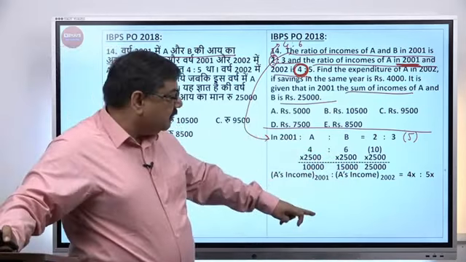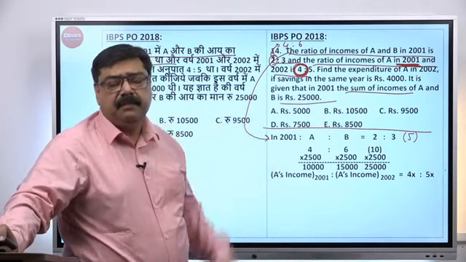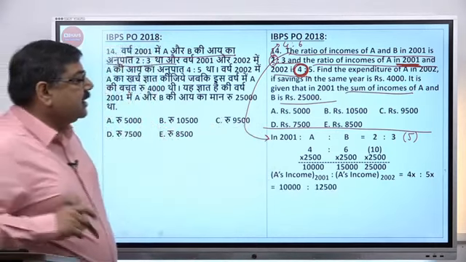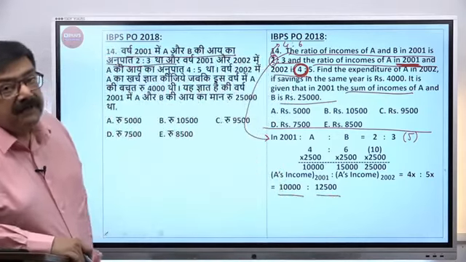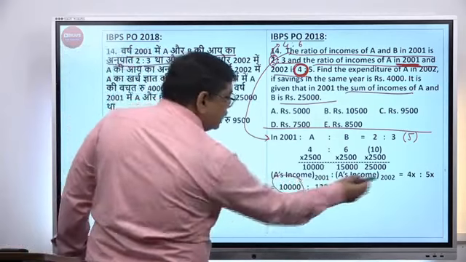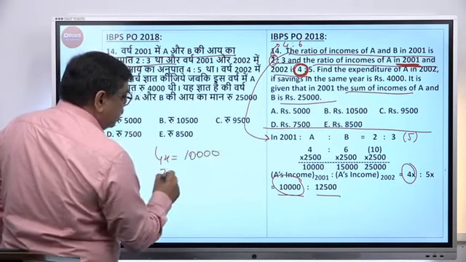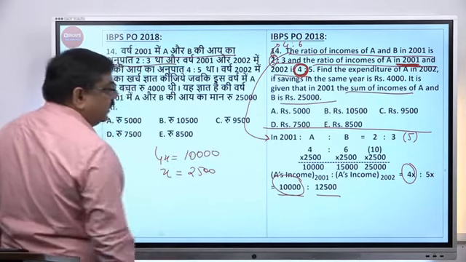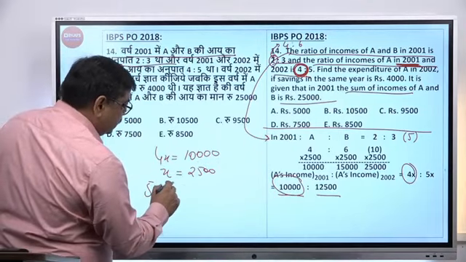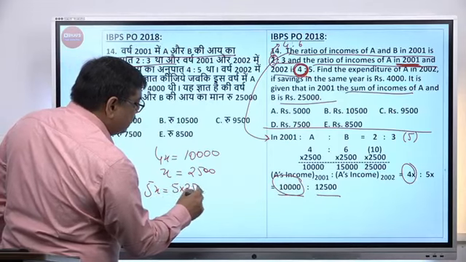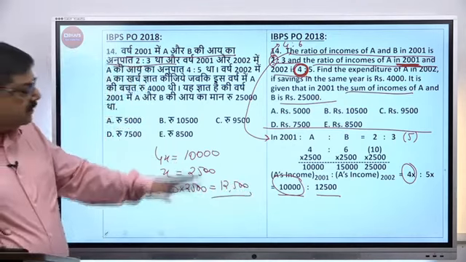So 4x is equal to 10,000, so x here is equal to 2,500. So 5x will be how much? 5 into 2,500, which is 12,500. Okay, so simple steps.